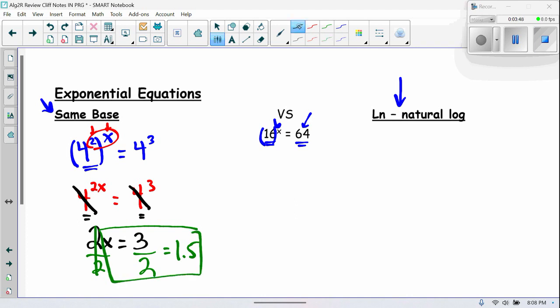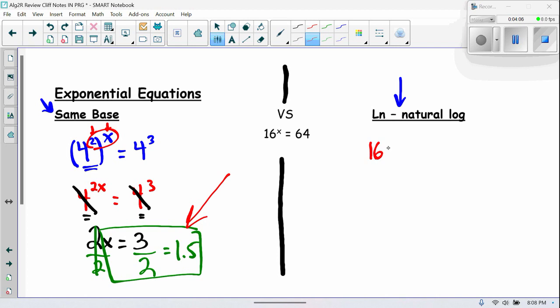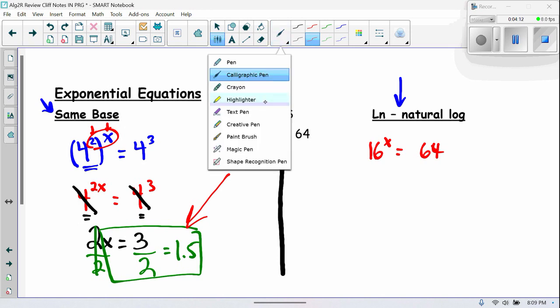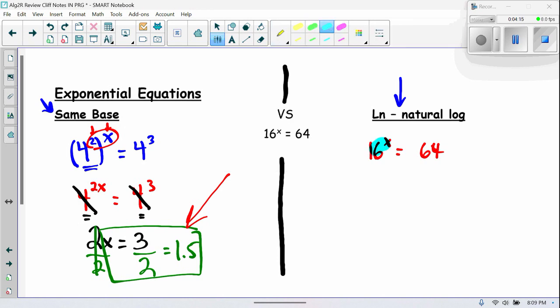Now, I said I like using natural log. I like to use natural log over log because I just like to use natural log for everything. But I'm now going to use natural log, and I'm going to solve the same problem here. We know what the answer should be. So if I have 16 to the x equals 64, as soon as I get my base and exponent alone, I can now take the natural log of both sides.